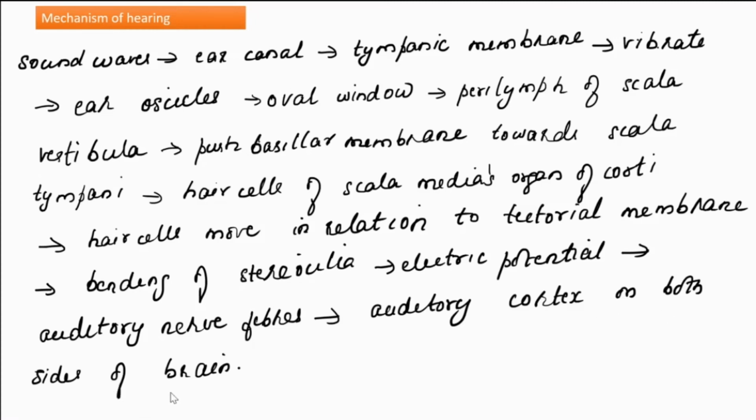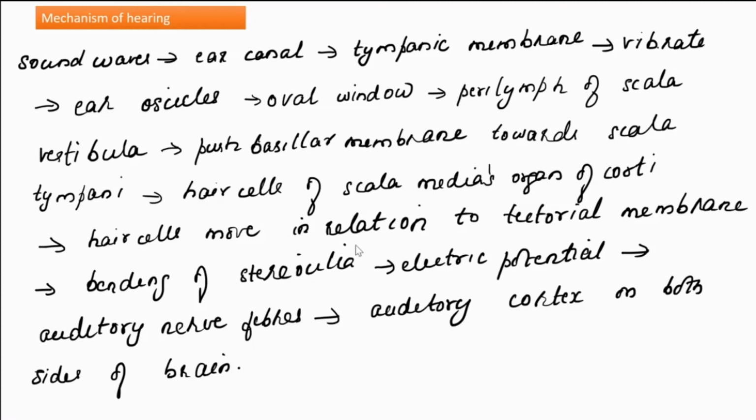Understand? Once more, sound reaches the ear canal, reaches the tympanic membrane, vibrates the ear ossicles, and then the vibration passes to the oval window. From the oval window, it reaches the perilymph of the scala vestibuli, pushes the basilar membrane towards the scala tympani, and this causes the hair cells of the scala media of the organ of Corti to move.